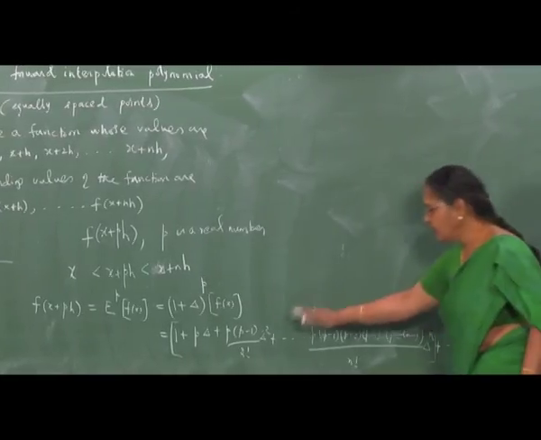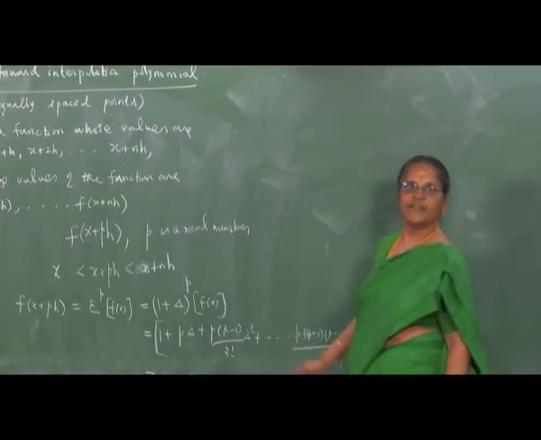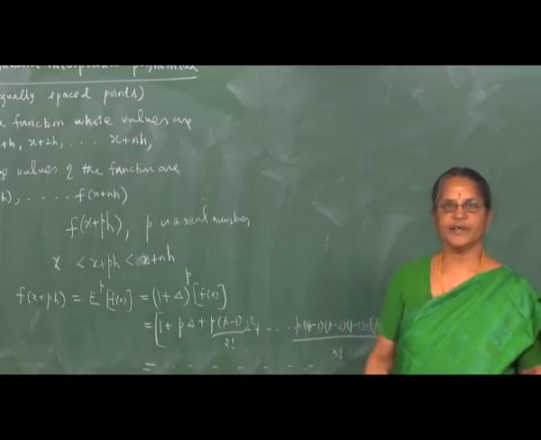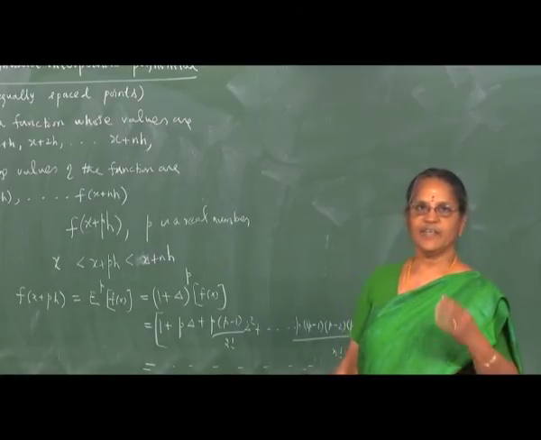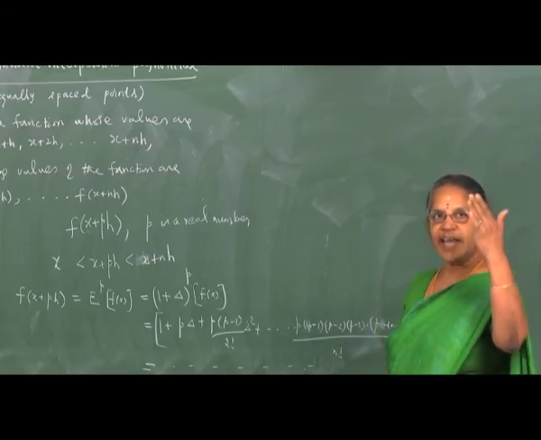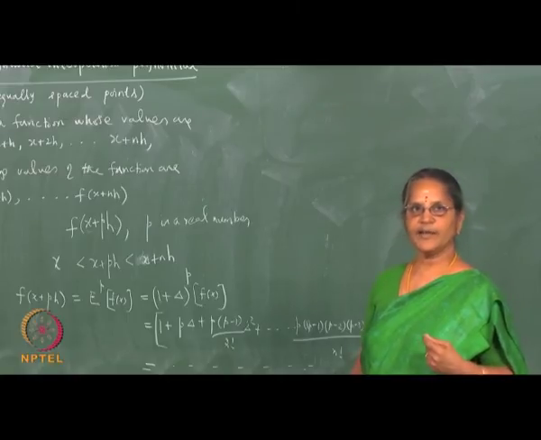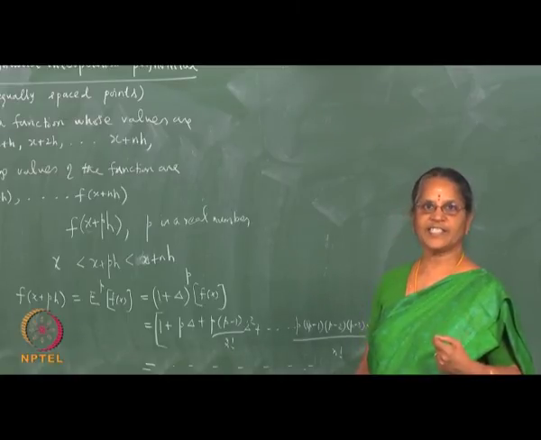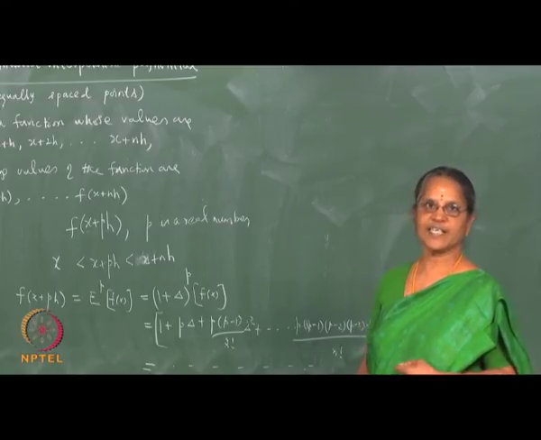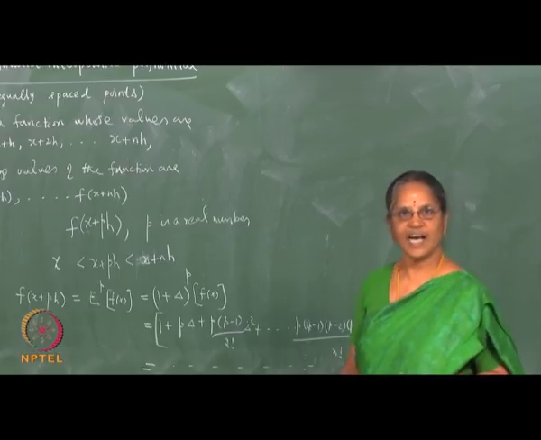So, before continuing this step and finding what the polynomial is, we shall prove the result that given a set of n plus 1 points where the xi's are equally spaced, the nth order forward difference of a polynomial of degree n is constant and the n plus 1th and higher order differences are 0.